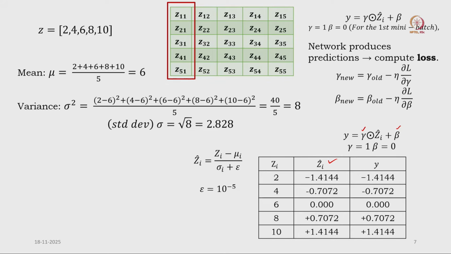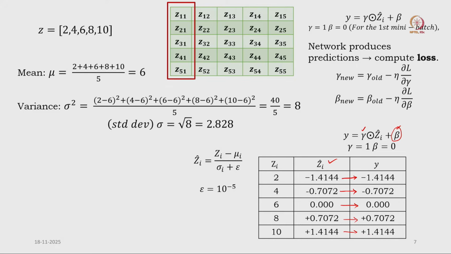When beta value is 0, this whole term is not there, and when gamma is 1, anything you multiply by 1 will be that value only. Therefore, for the first mini batch, you are passing values as it is. Why? Because gamma value is 1, beta value is 0.